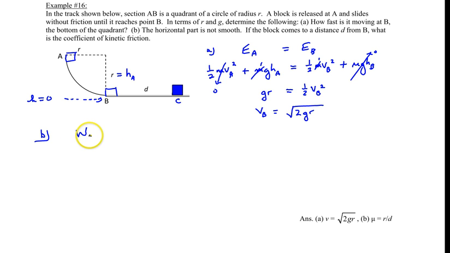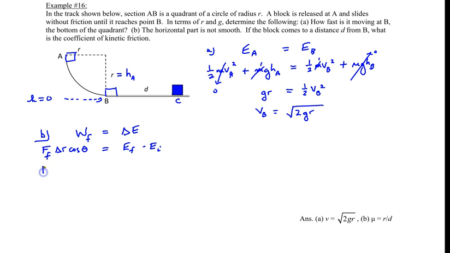So the work done by this external force is causing that change or loss of energy. So the energy finally minus the energy initially is equal to the work done by friction. Now the work done by friction is calculated by taking the force of friction multiplied by the distance and then multiplied by the cosine of the angle between the force vector and the displacement.